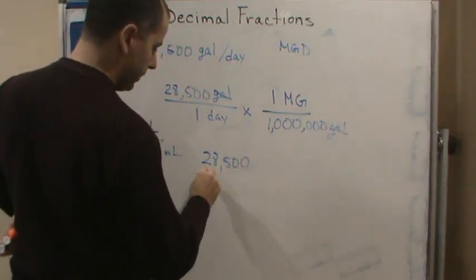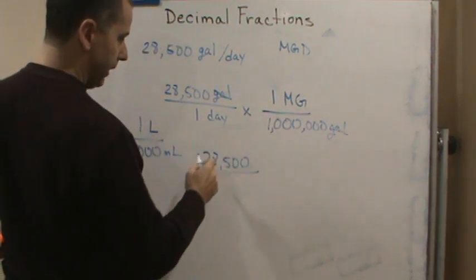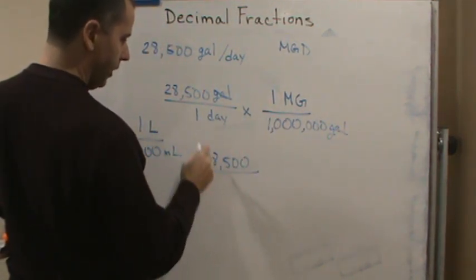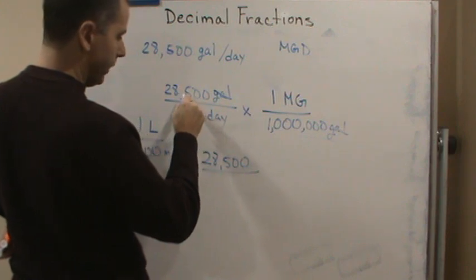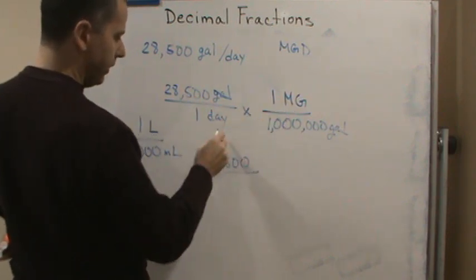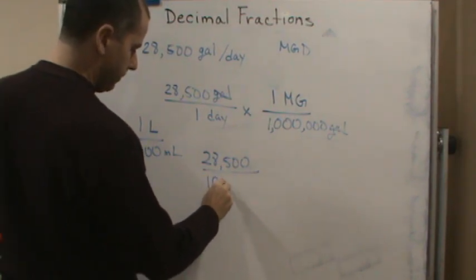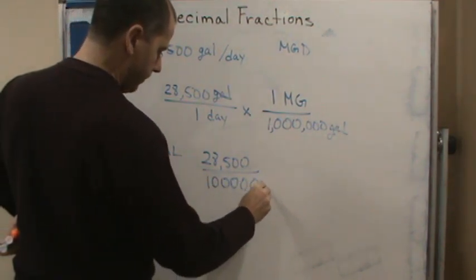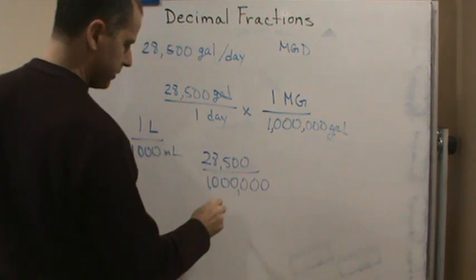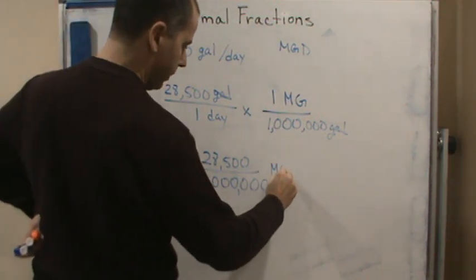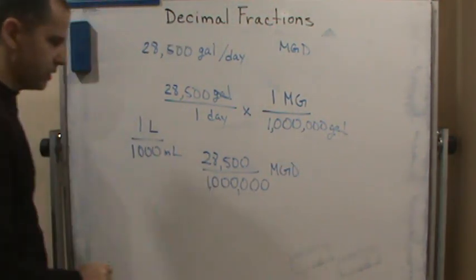28,500 divided by, because I'm going to multiply, right? So I can combine these two fractions. 28,500 times 1, and 1 times 1 million. So I'm just going to get this, and this will be MGD, millions of gallons per day.